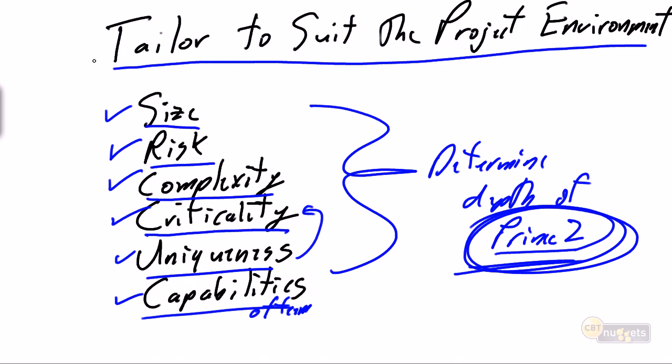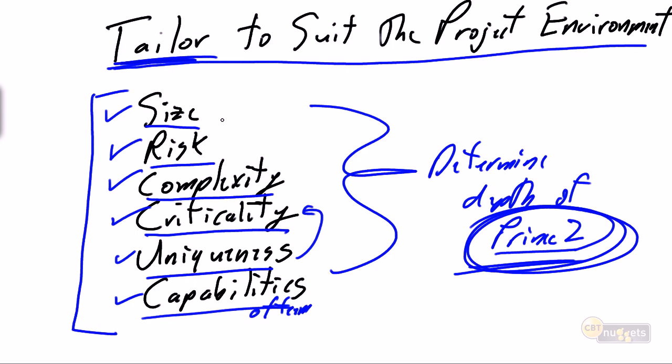The key message I want to deliver here is tailor. Prince2 is a set of guidelines that need to be applied in a very heavy approach if all of these are critical, serious, heavy hitting, and it needs to be applied in a very light, I'm going to say almost nimble approach if it's a very simple project.